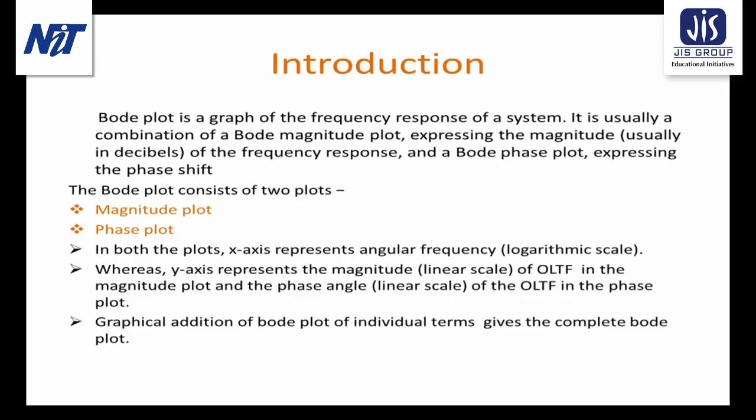And generally, the magnitude of the sinusoidal transfer function, that is the mod of G(jω), is calculated in the decibel unit. Now, the graphical addition of the individual terms' Bode plots gives us the complete Bode plot.